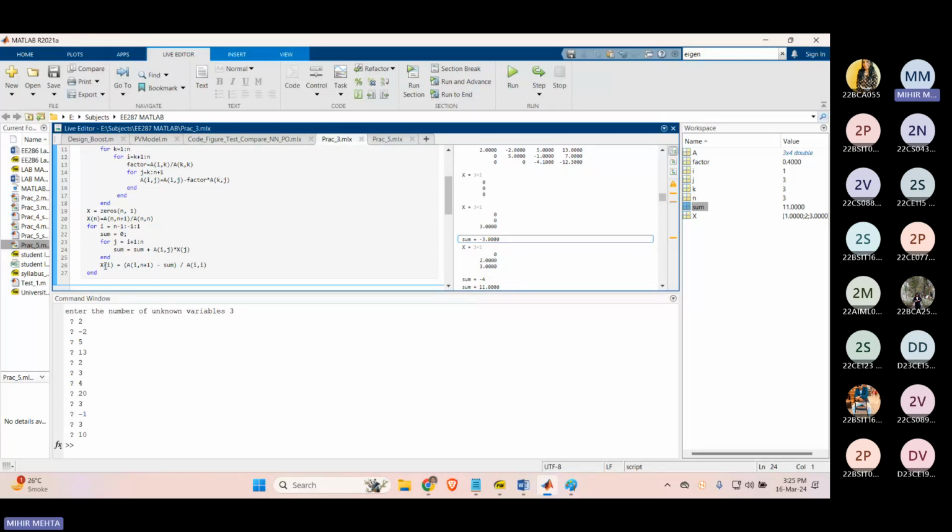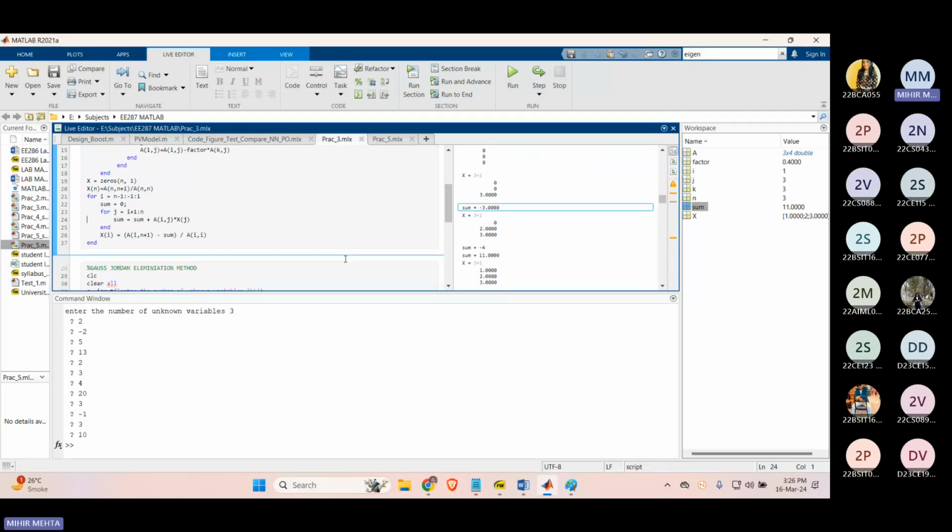And lastly, you further run this loop to find the sum again. So you further increment this particular thing and repeat the entire process. So my sum becomes minus 4, and then further you calculate this.